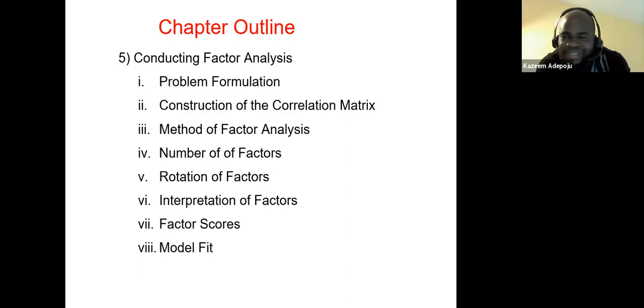More than 90% of researchers in the world prefer to use a correlation matrix in factor analysis, while less than 10% prefer to use a variance covariance matrix. Because with the correlation matrix, you've been able to scale, you've been able to standardize the data.